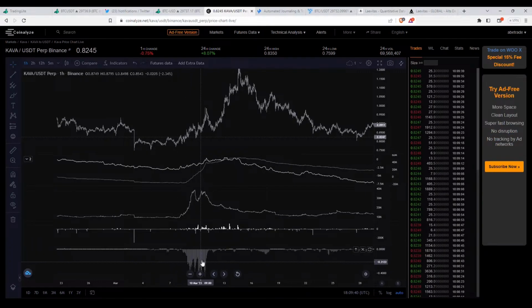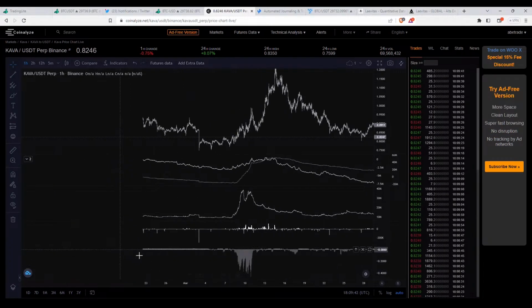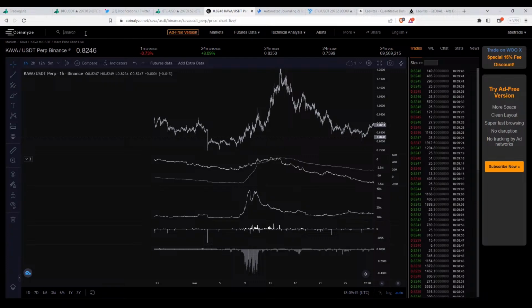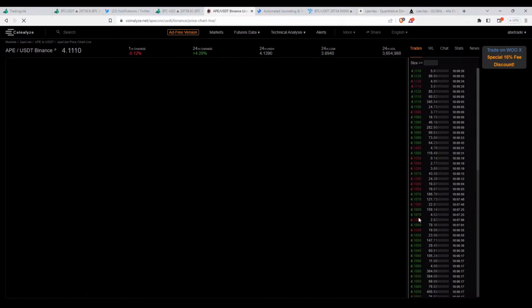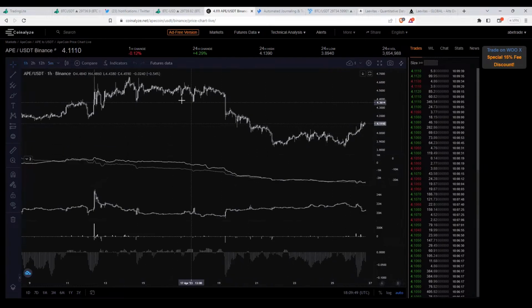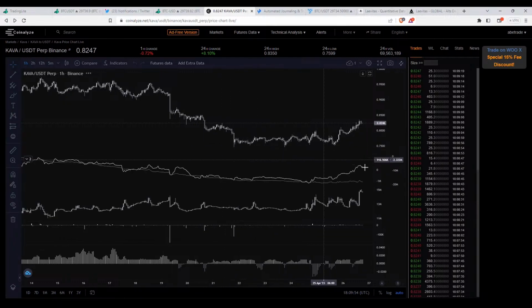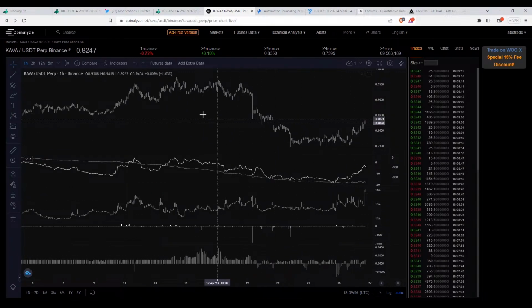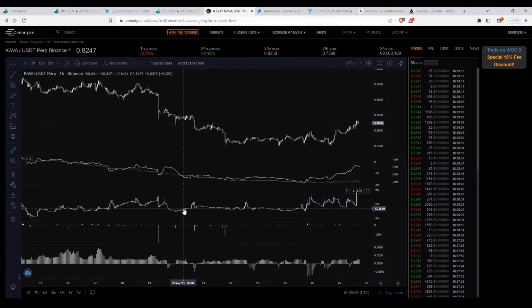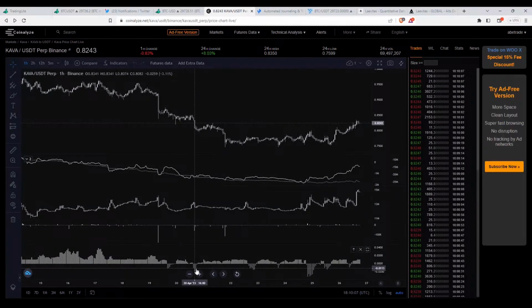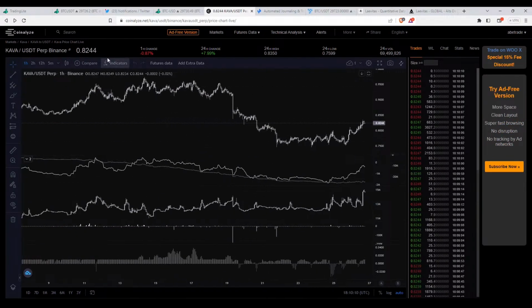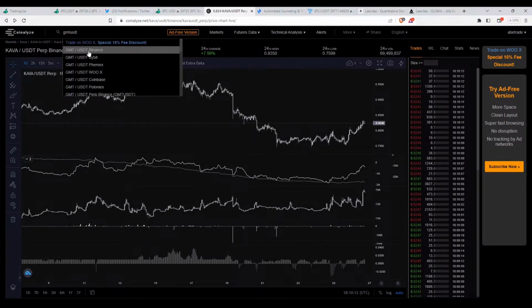But anytime you see heavily negative funding on a coin, like Ape, which basically has negative funding all the time because of how the token works. But if you see negative funding on coins which usually have very positive funding, and you see open interest going up, price going down, and perhaps CVD going down as well with the negative funding, then it's potentially setting up for a short squeeze.